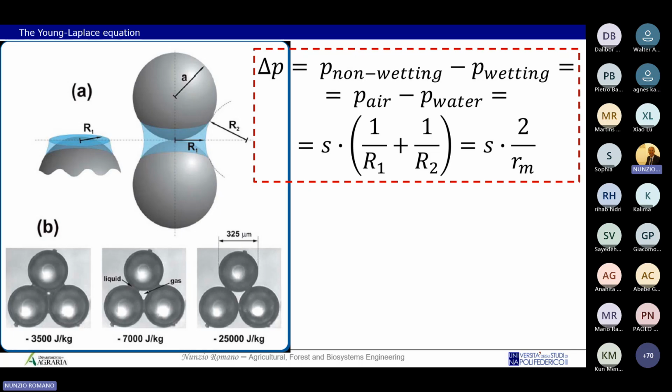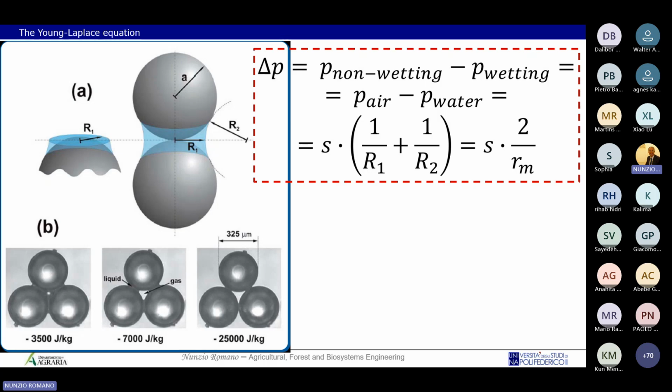In the pictures below this graph, you see the amount of water as the energy becomes lower and lower. I remind you that minus 25,000 joule per kilogram is less than minus 1,500 joule per kilogram.